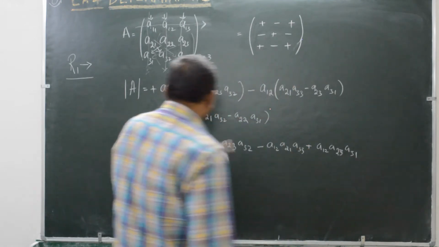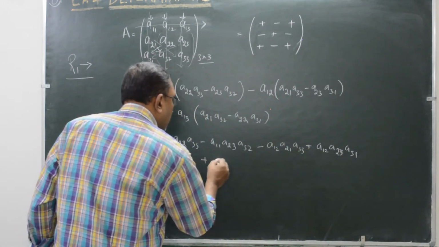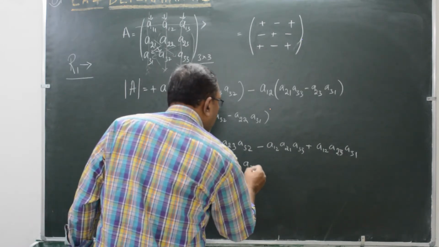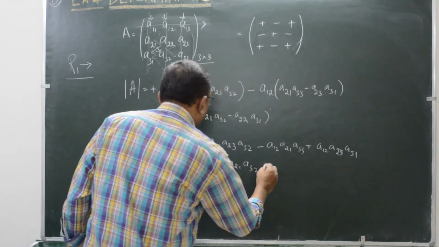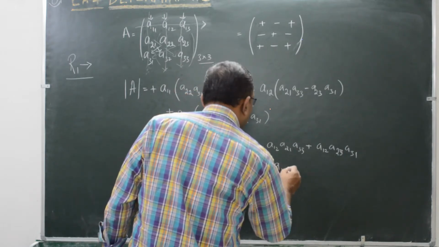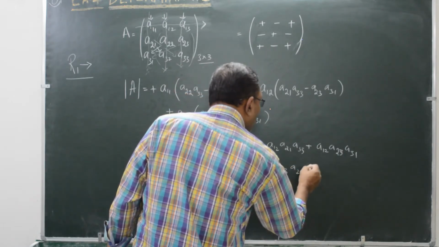Okay, and here it is plus A13, A21, A32, minus A13, A22, A31.